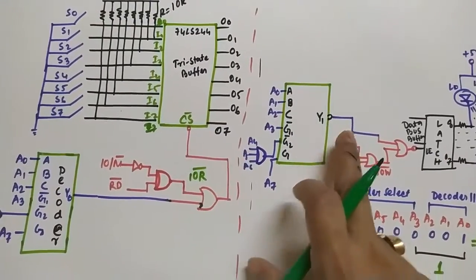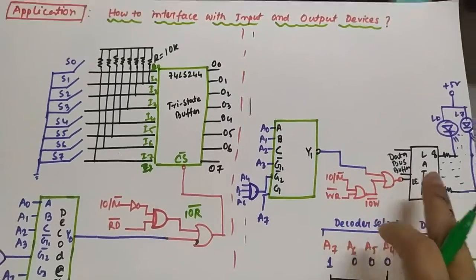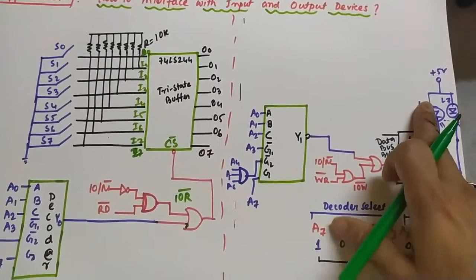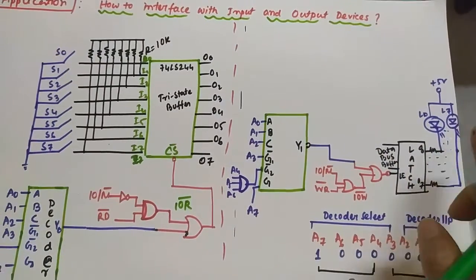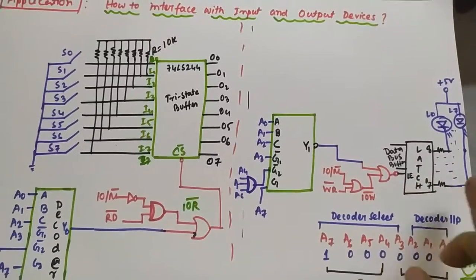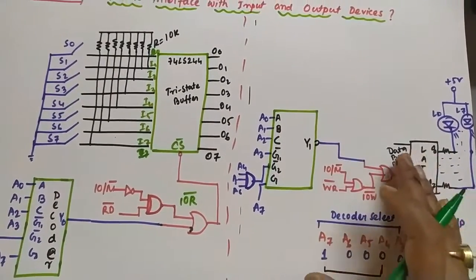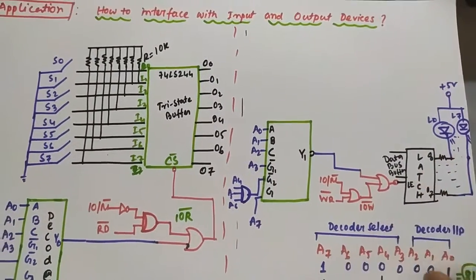Using this decoder, we can generate the device selection signal, which is applied to these latches, where the 8 different LEDs L0 to L7 are connected with the different data lines. Okay, so here according to the logic, this port is generated.